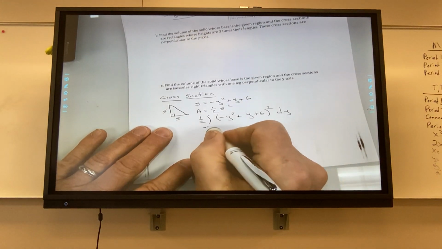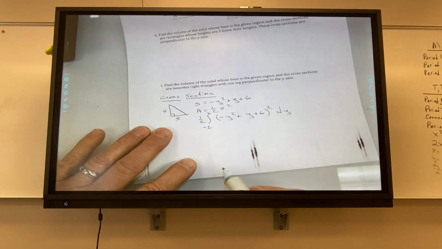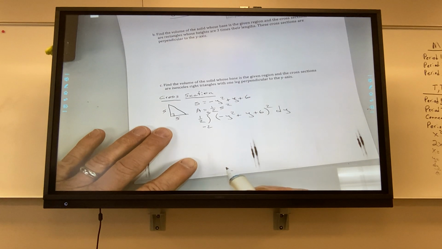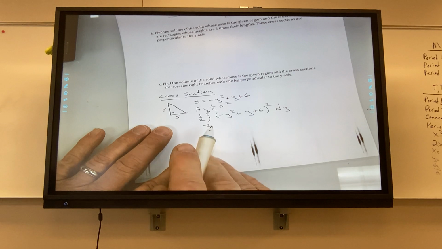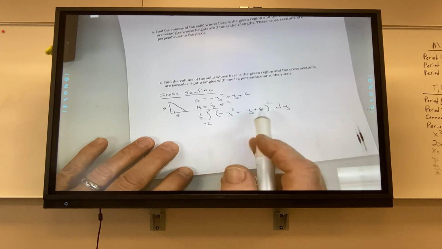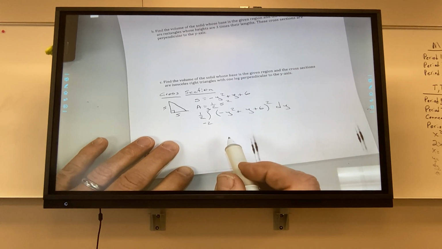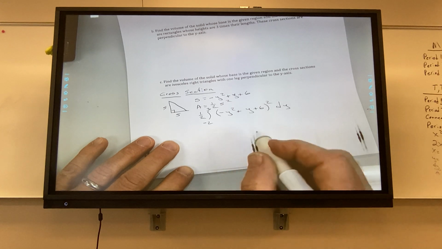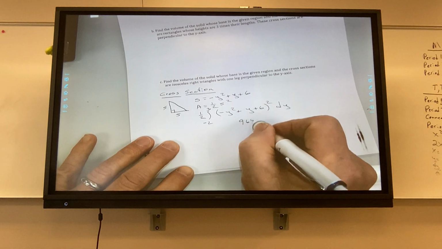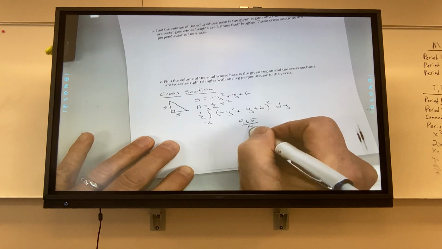So I went from -2 to 3. And I would put that one into a calculator because I would never want a student at this point to waste their time and try to square a cubic. And I believe I got 965 over 6.